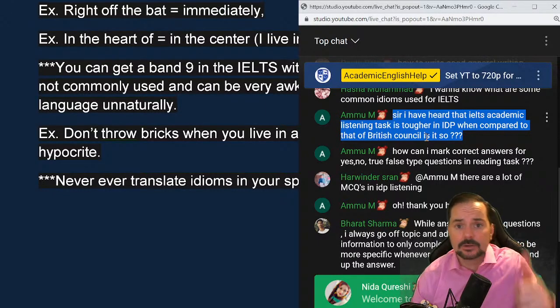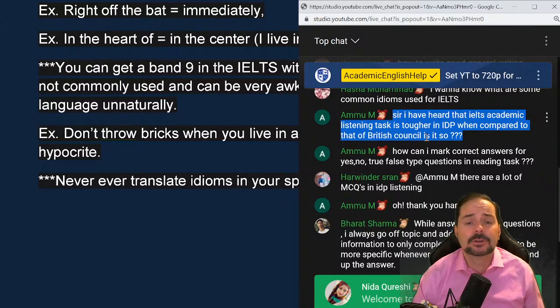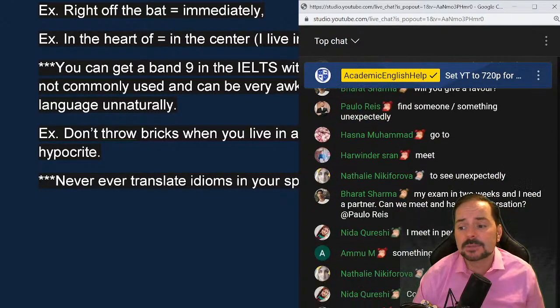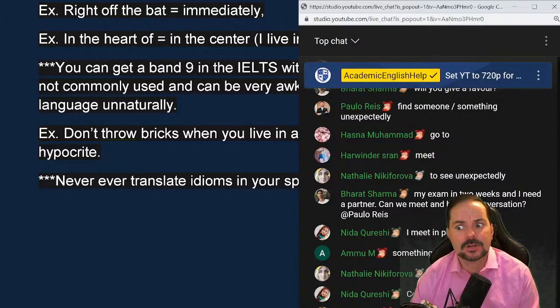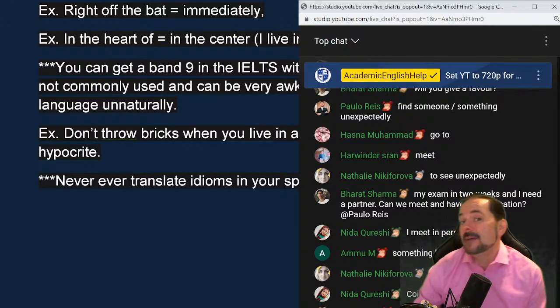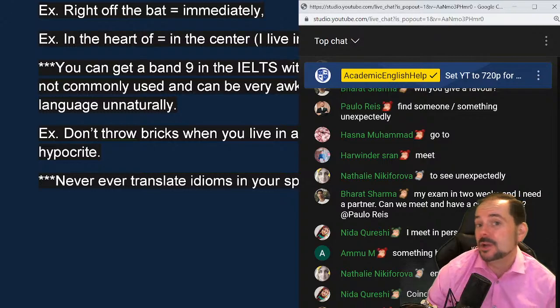Did everybody get that? Okay, because a lot of times people ask about the materials at British Council versus IDP, but they get the same materials. They get it from the Cambridge ESOL Examination Board. Okay, everybody got that? So it doesn't matter where you go. The only difference between British Council and IDP will be the look of the test center and maybe the quality of the equipment.